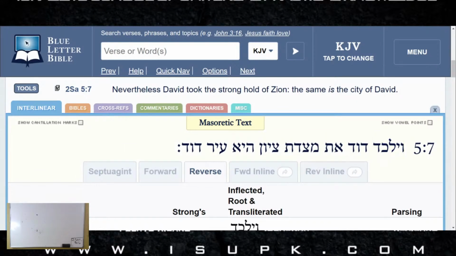2 Samuel 5 and 7. Wayalak David af. You know what that means. He's only talking about whatever he's talking about. It's specific or directly. It's to show direction. Wayalak David af matazada, to Zion.